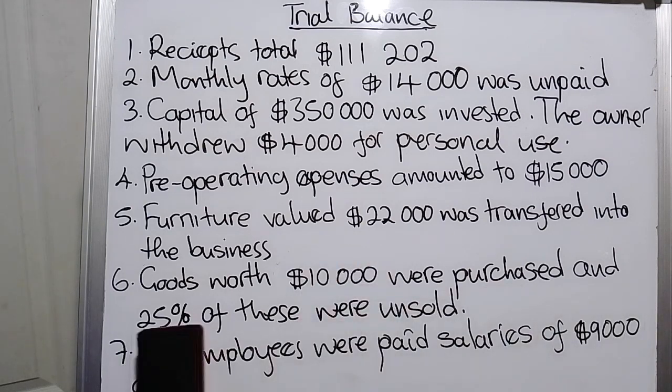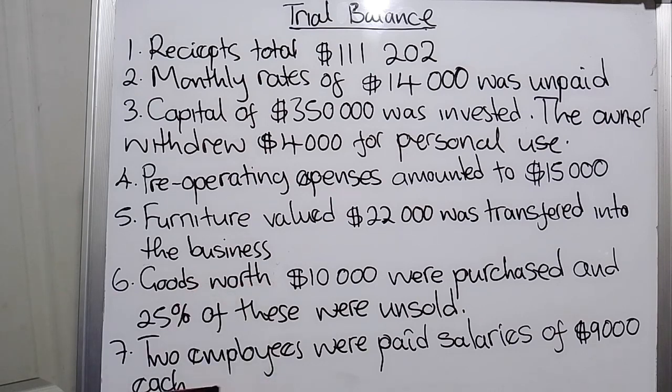On the second part, 25% of these goods were unsold. This means we have some closing stock in our business. So we debit closing stock, which is 25% of 10,000, giving us 2,500, and we also credit purchases.